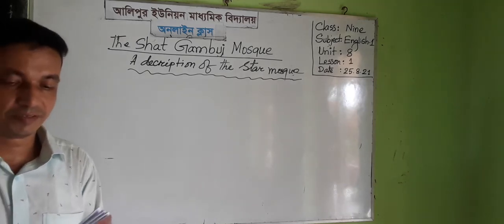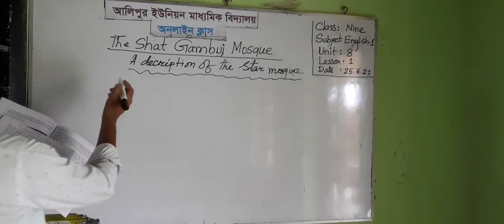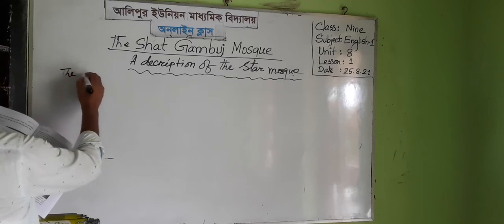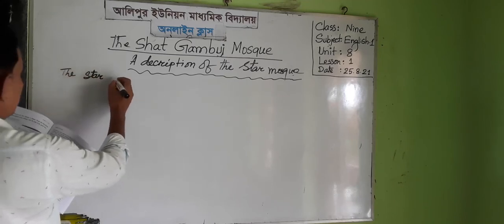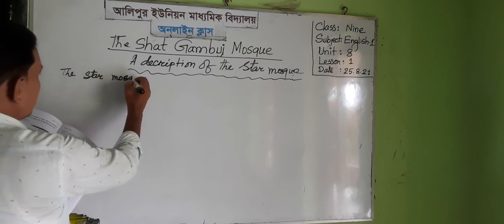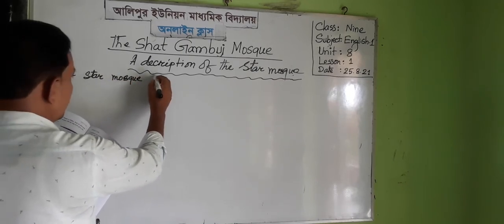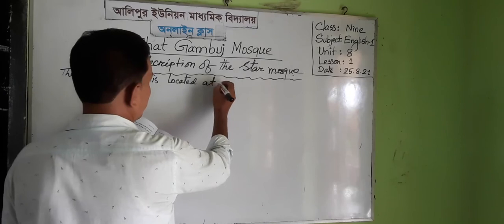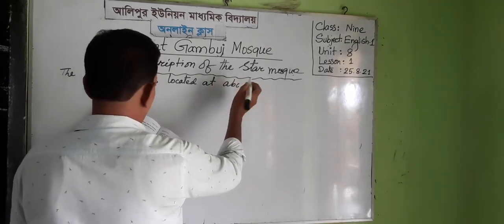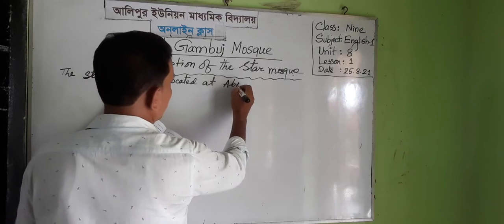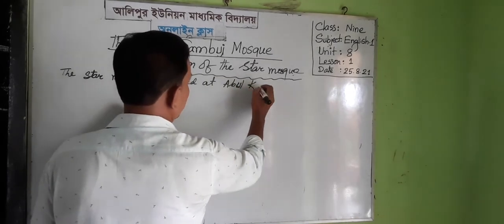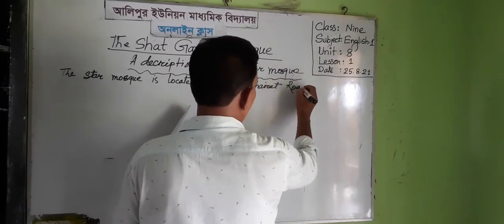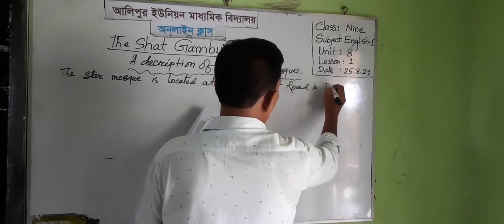So I am trying to give the information of the mosque. At first sentence maybe the Star Mosque is located at Abul Khairat Road in Dhaka.